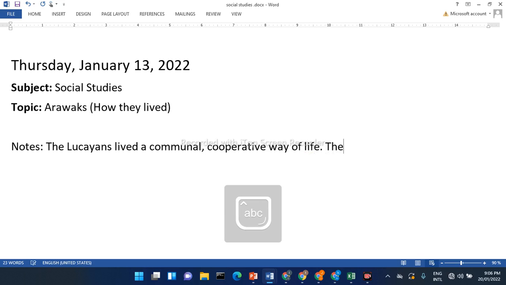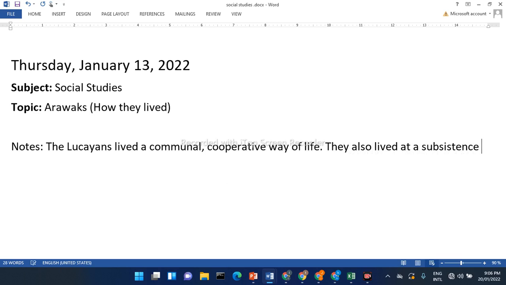They also lived at a subsistence level. What does that mean when we say subsistence? It means they only grew enough food for their own needs.